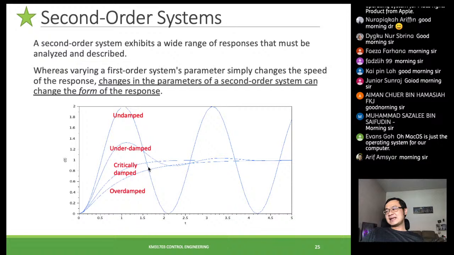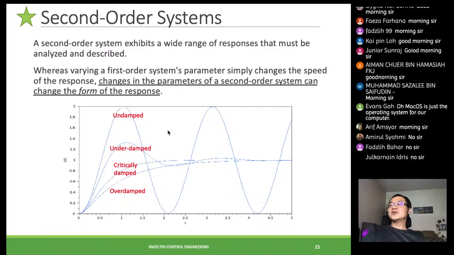And when it is even slower than that, we call that overdamped. So we can group the time response of the second order system into 4 groups: undamped, underdamped, critically damped, and overdamped. These are the 4 forms of response for a second order system.